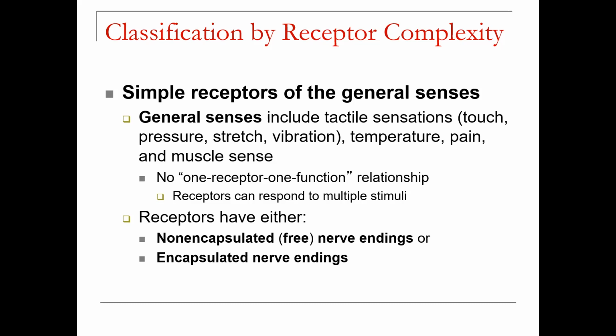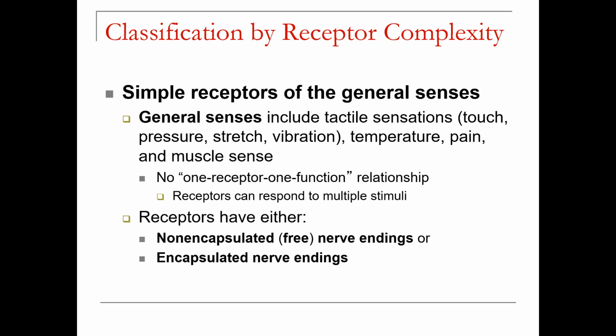So it stimulates it or not, but it's nothing more than just a simple dendrite. We call it a non-encapsulated or free nerve ending. So just think of the dendrite, just a nerve fiber sticking up there just below the surface of the skin, responding to touch or pressure or vibration or itch or stretch.